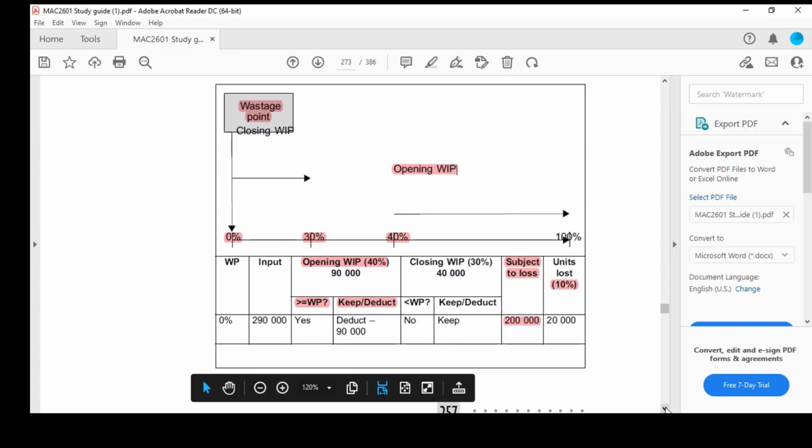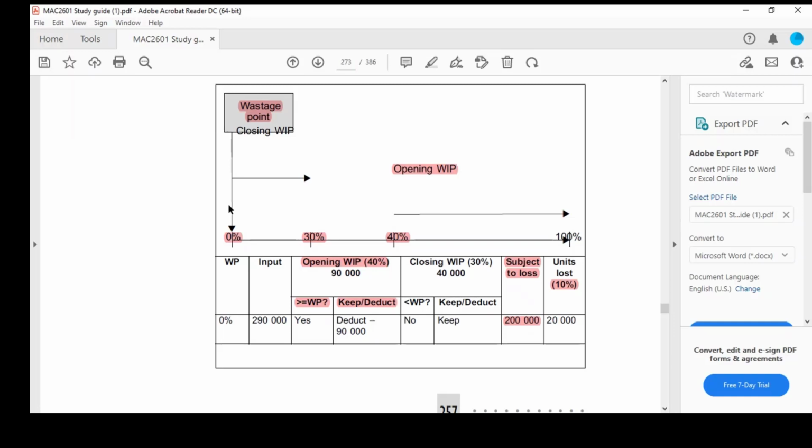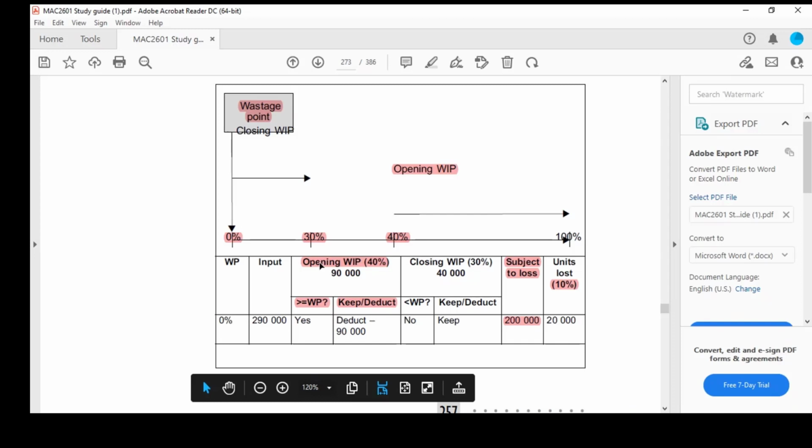At the beginning of grinding these coffee beans, sometimes when you grind something, you start losing granules. That's spillage. It's happening at the very beginning of this grinding process. The question comes: you said you've got 290,000 beans.